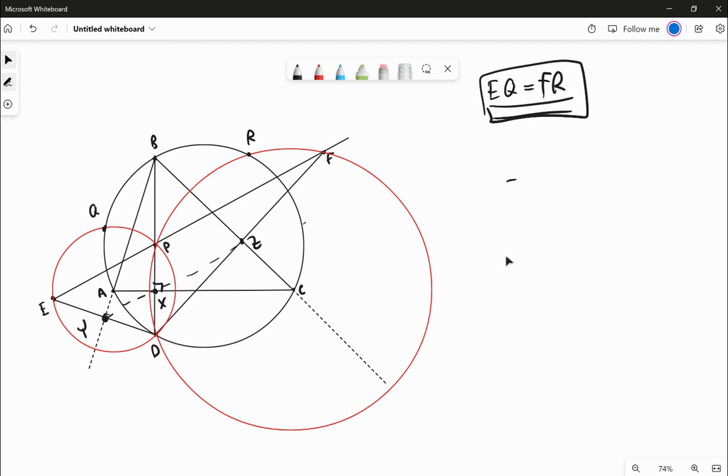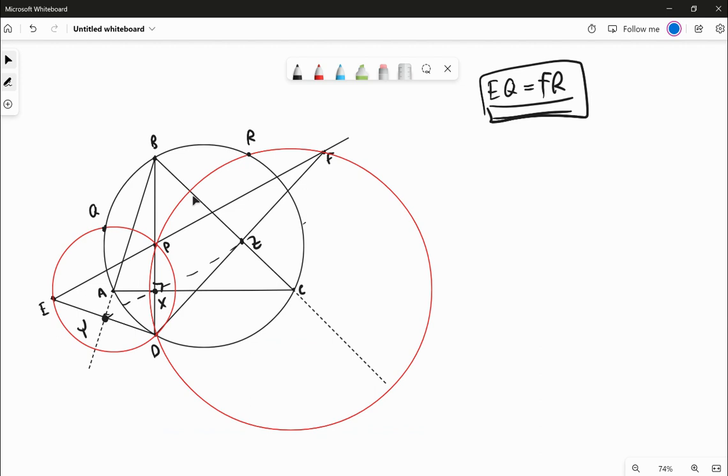So now we can go ahead and say something more about point P. The instant you see DX equals XP, it should ring a buzzer for you. Because in a previous video that I created about reflecting the orthocenter, go ahead and check it out if you haven't watched it already, if DX equals XP, then P is the orthocenter of triangle ABC.